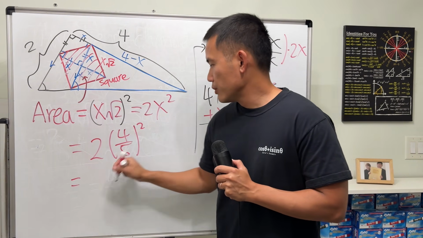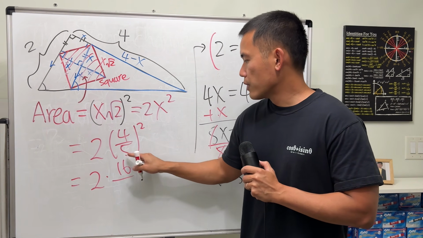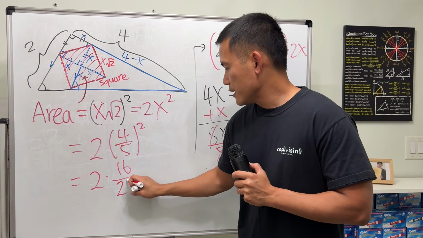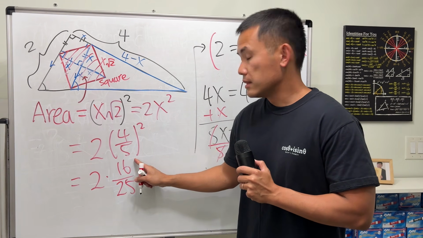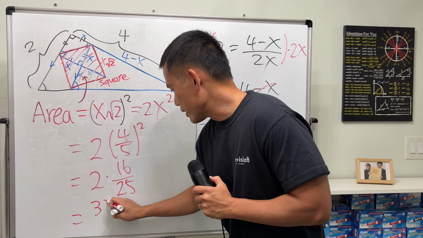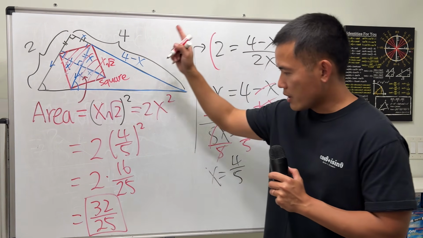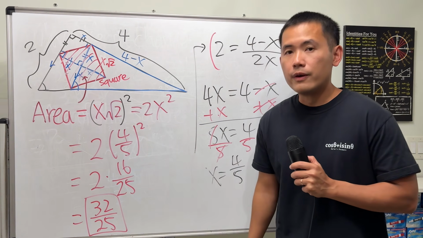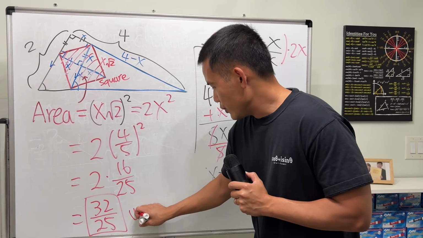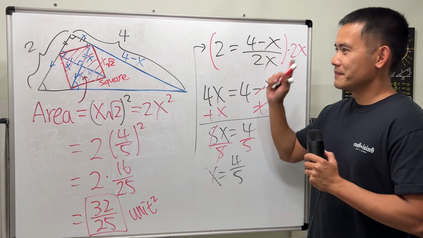Do the exponents first. 4 squared is 16, over 5 squared is 25. Then we just do 2 times 16, which is 32, over 25. So the area of the red square is just 32 over 25 unit squared. Yeah, that's it.